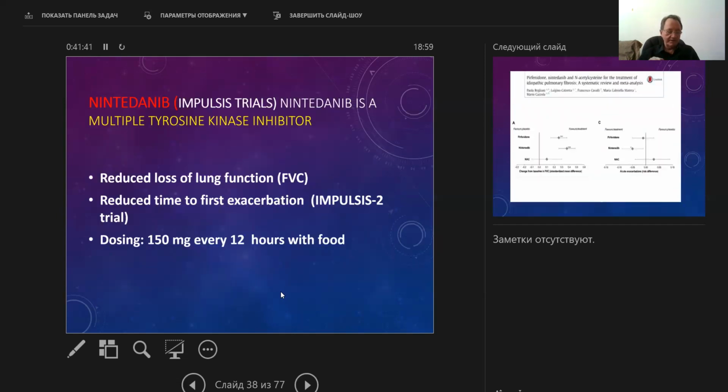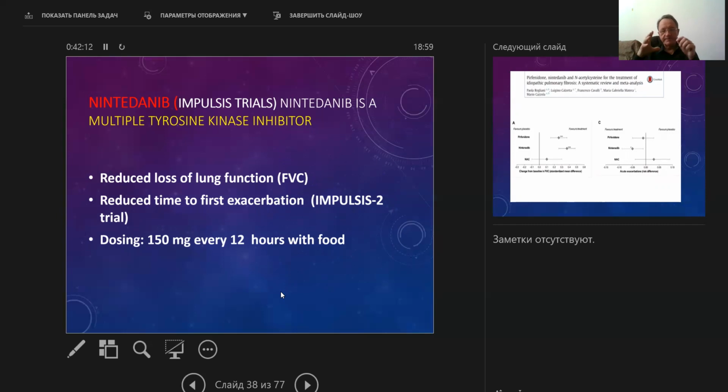Adverse effects, including diarrhea, vomiting, and increase of liver enzymes, should be corrected using anti-diarrhea drugs, loperamide, metoclopramide, and if ALT increases more than 5 times above the normal range, we should stop this therapy.